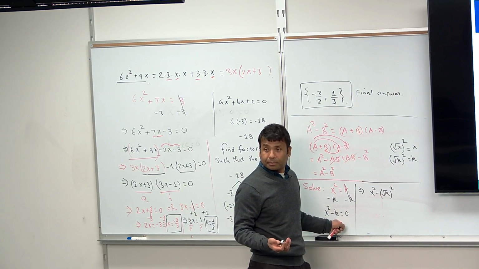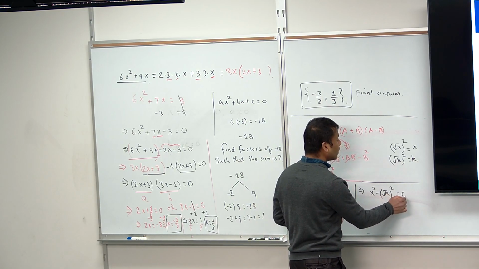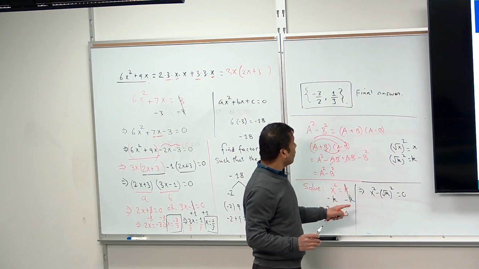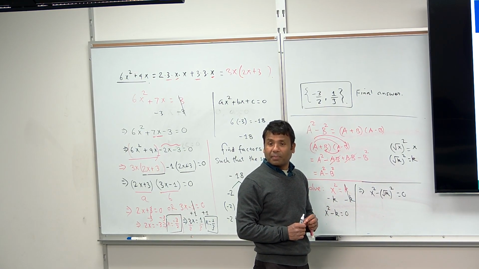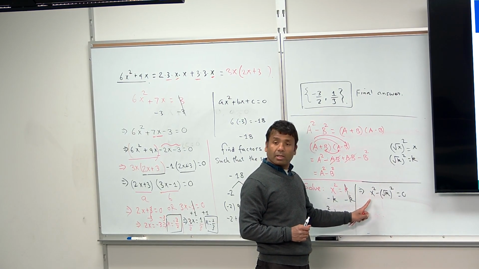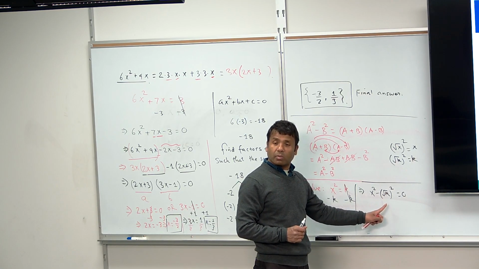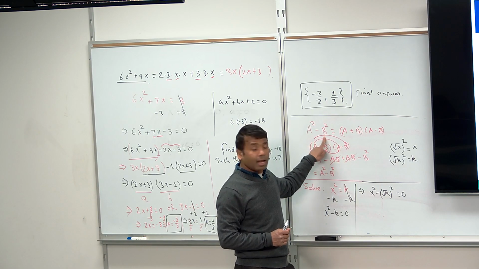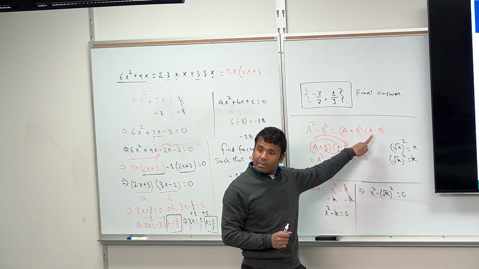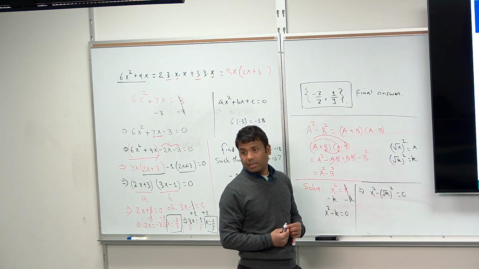Is that right? This equals 0. Now this is in the form of a squared minus b squared. And you know a squared minus b squared is a plus b times a minus b.